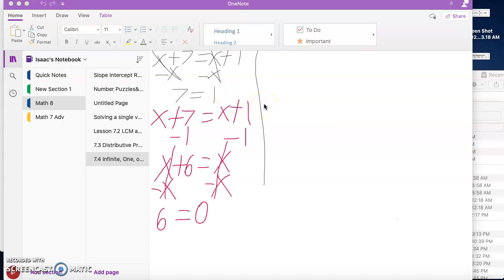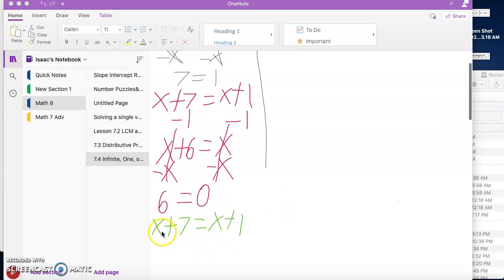The reason for that is the equation that I started with, this x plus 7 equals x plus 1. There is no number that x can equal where this is going to make sense. No number in the world that's going to satisfy that.